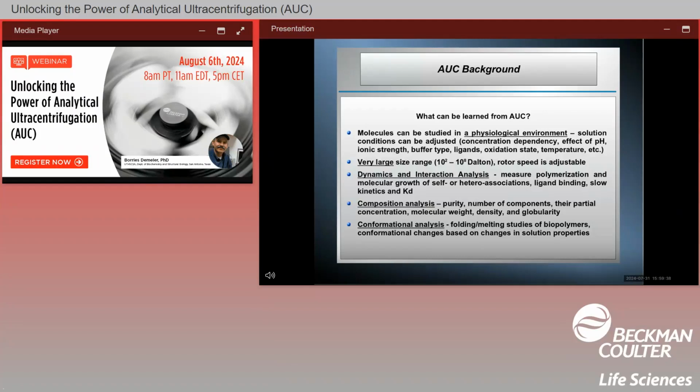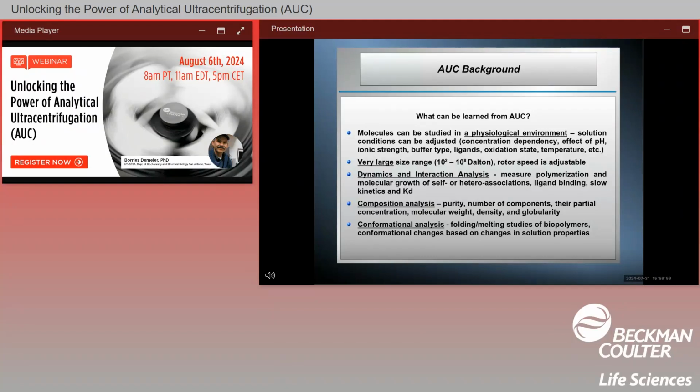We can measure dynamics and interactions between molecules, which will give us access to the polymerization and molecular growth of self or hetero associations. We can characterize ligand binding of small molecules, slow kinetics, and the KD, the equilibrium constant of the interaction.